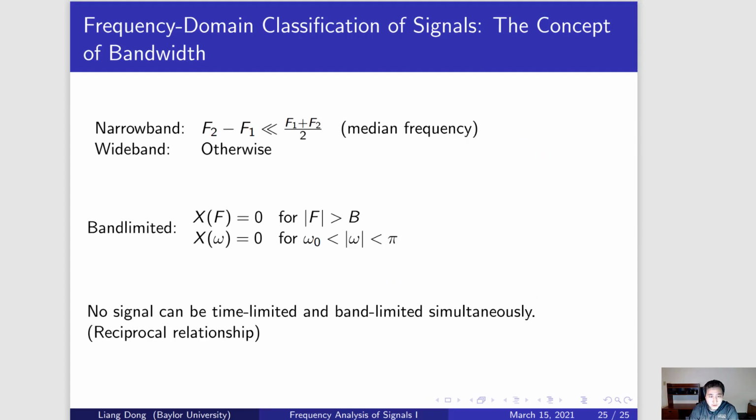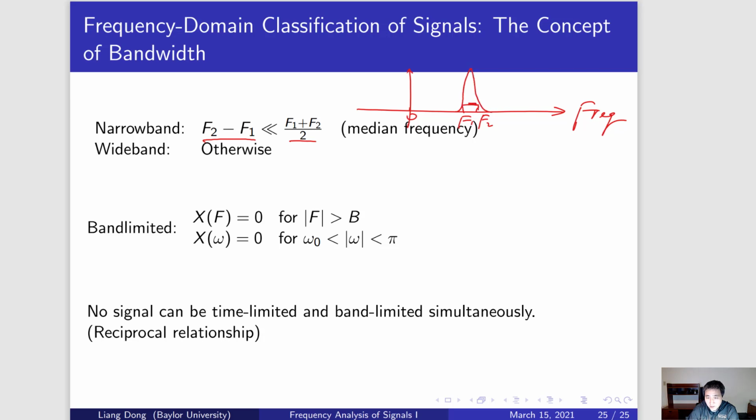If the bandwidth is much smaller than the center or the median frequency of f1 and f2, we call this a narrowband signal. So visually, on a frequency domain picture, we have f1 and f2, and this is the main concentration of my signal energy.